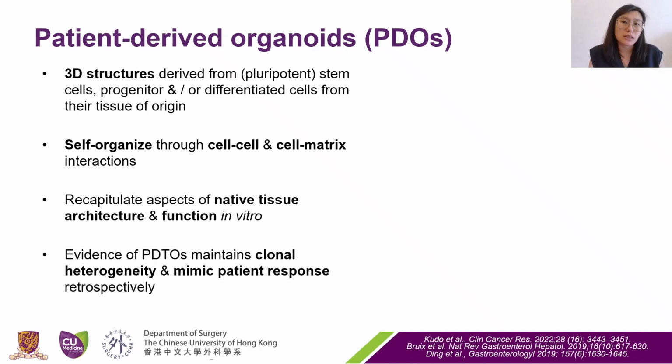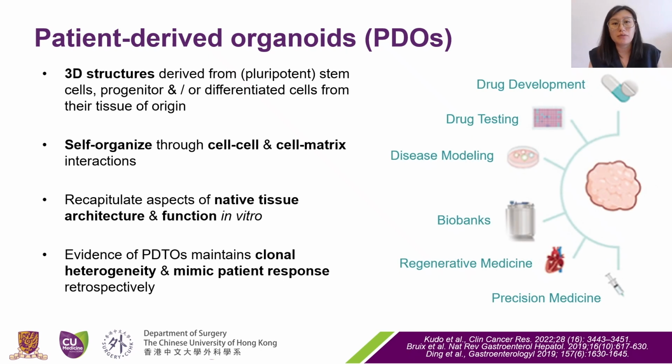Most importantly, they can also recapitulate intratumoral heterogeneity as well as mimic to some extent the patient treatment response, as has been reported in other cancer types. Because of this, they have been adopted for drug development and testing, disease modeling, and precision medicine, among others.